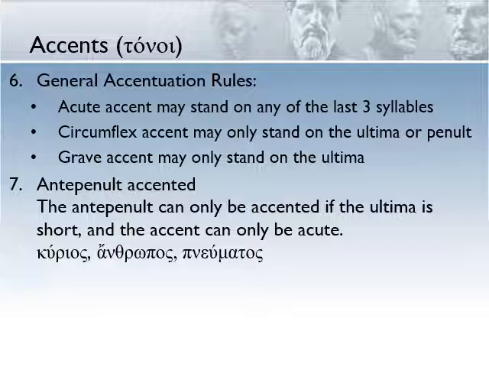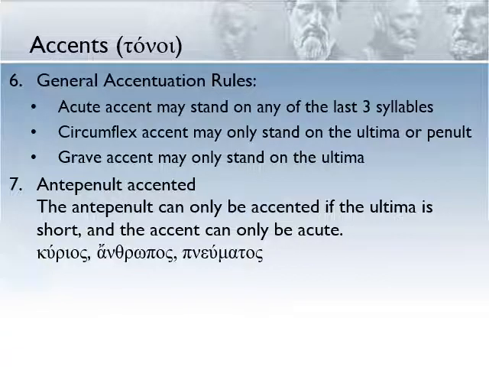Consider these examples. The first one, kappa, upsilon, rho, iota, omicron, sigma, pronounced Kyrios. It's the Greek word for Lord. Kyrios. Notice you have three syllables, ky, ri, and os.